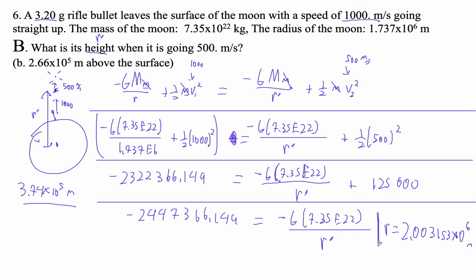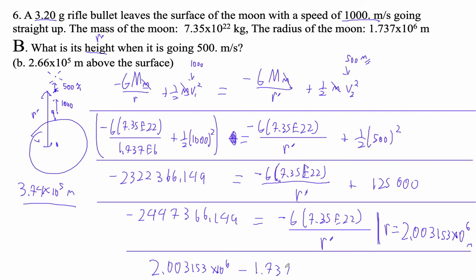So now the final thing, don't forget this, is I'm going to go 2.003153 times 10 to the 6th minus 1.737 times 10 to the 6th, because we need to figure out how high it is above the surface. So we have to subtract the radius.